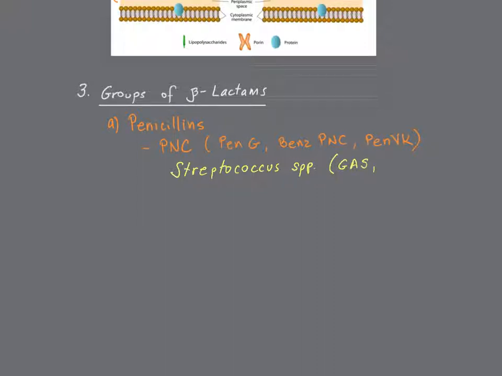Patients with congenital syphilis, for example, also are treated with penicillin G. The other forms are benzathine penicillin and PenVK, which is the oral form, used also for group A streptococcal pharyngitis.